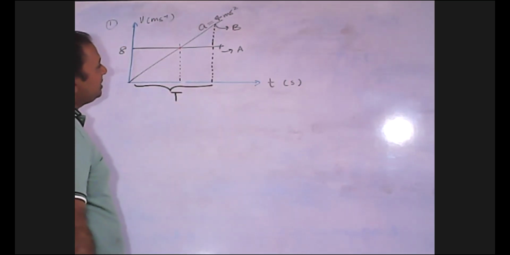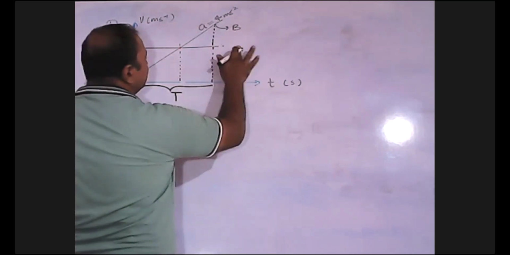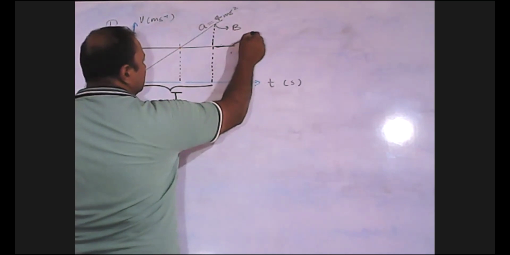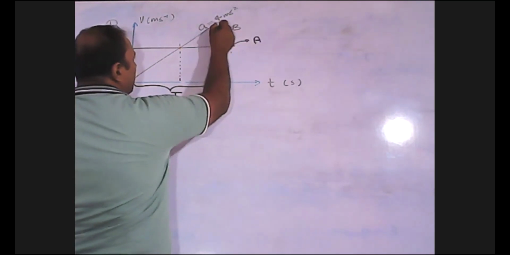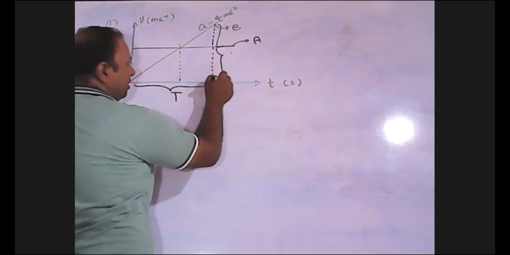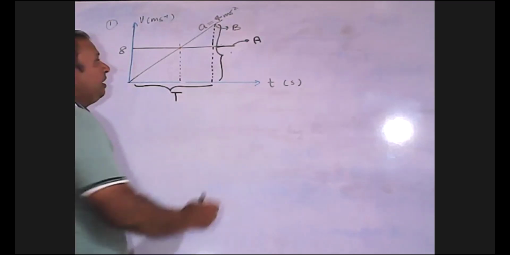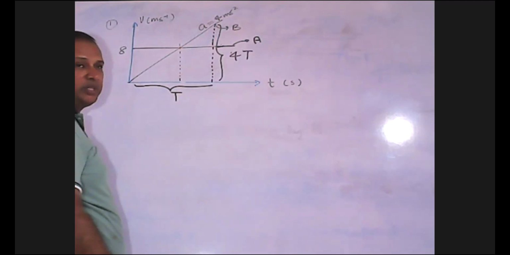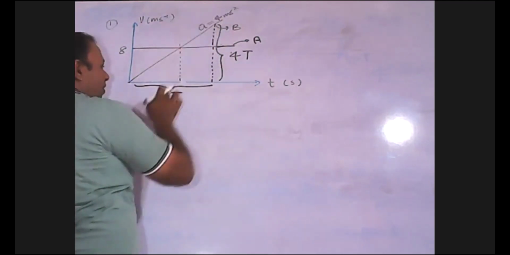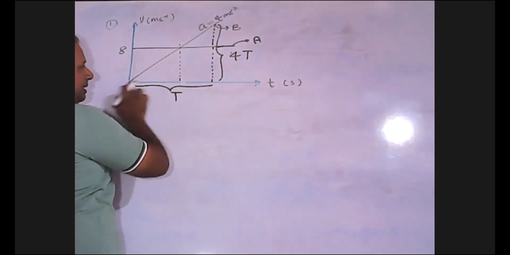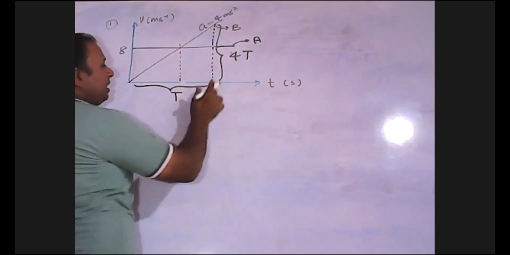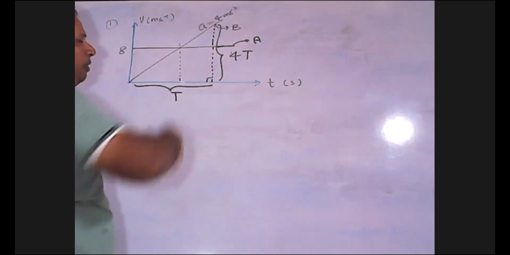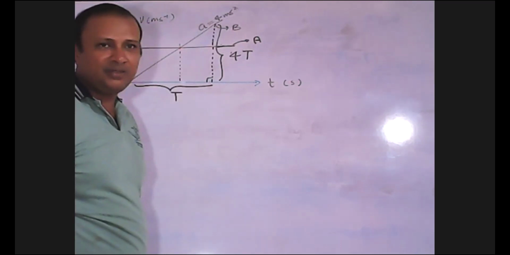So if this gap is equal to t, you know this height should be equal to 4 times t. The acceleration is 4, the x-axis is t. Therefore, this height should be equal to 40. We have done this one, okay? 40.